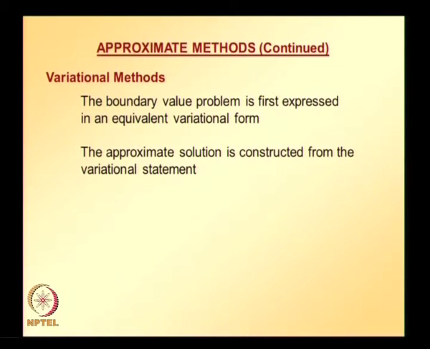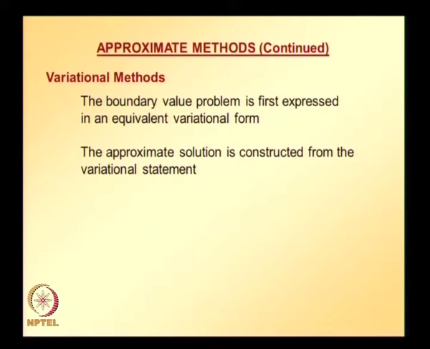Basically the equivalent variational form is written in terms of an integral over the solution domain, and it is convenient for developing approximate solutions. In the integral over the solution domain, the trial solution is substituted and it is then minimized to get the system of equations relating the unknown parameters.